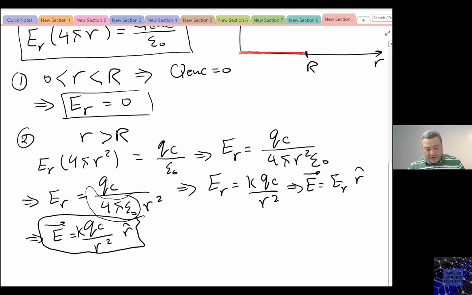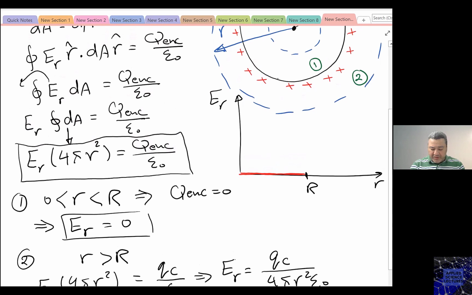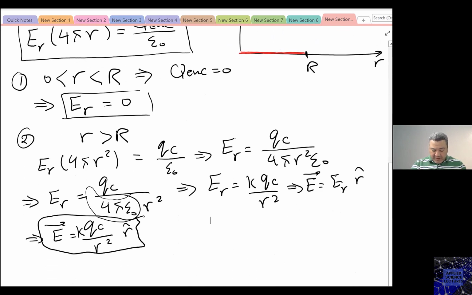So this is the electric field for region number 2. Now let's draw this electric field.